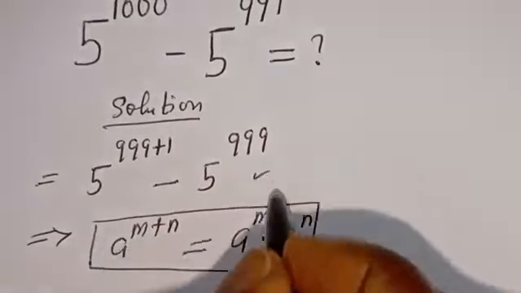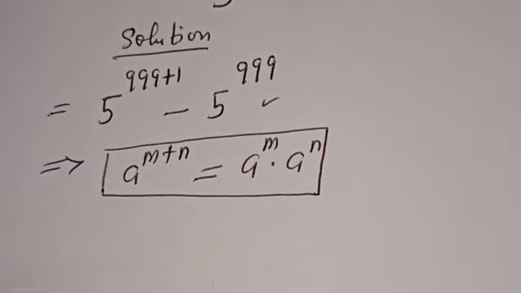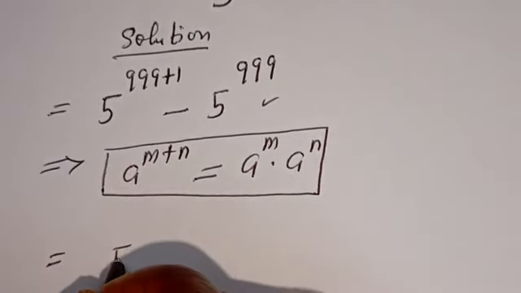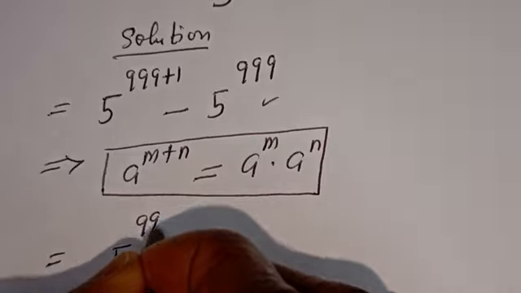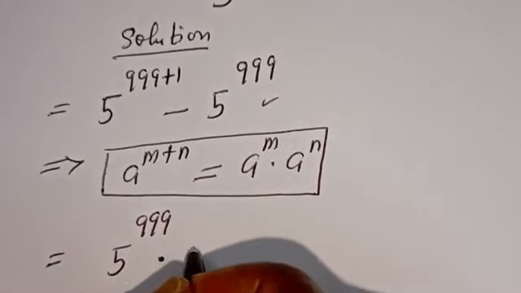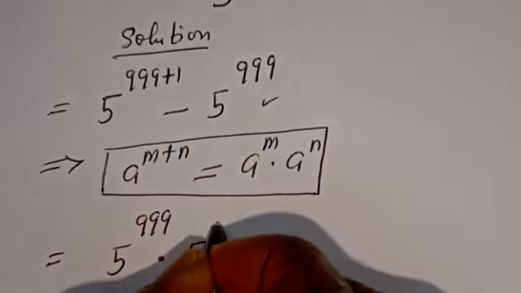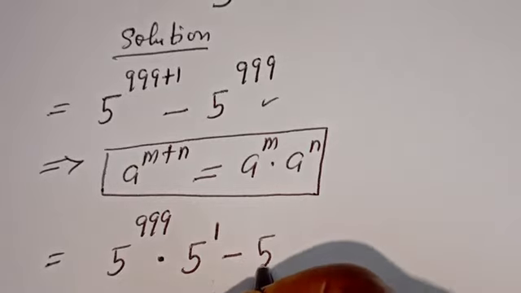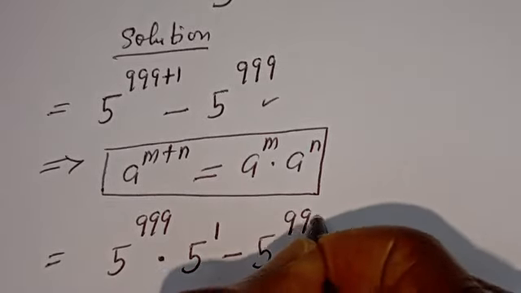Then from here we have 5 to the power of 999 multiplied by 5 to the power of 1 minus 5 to the power of 999.